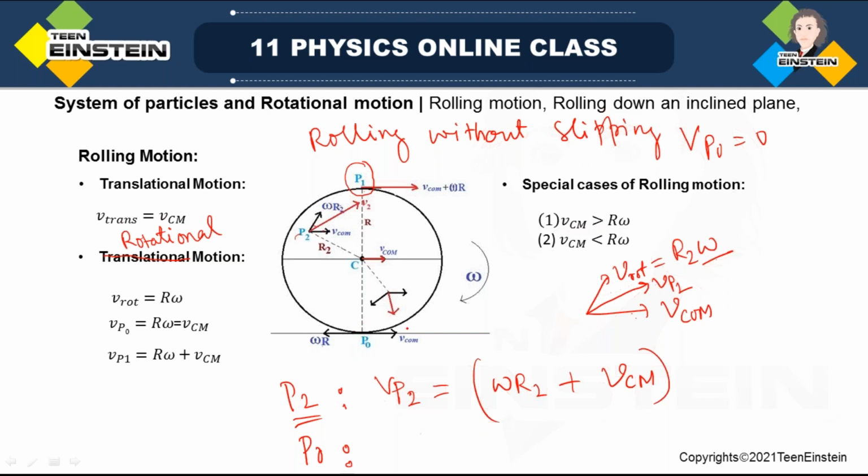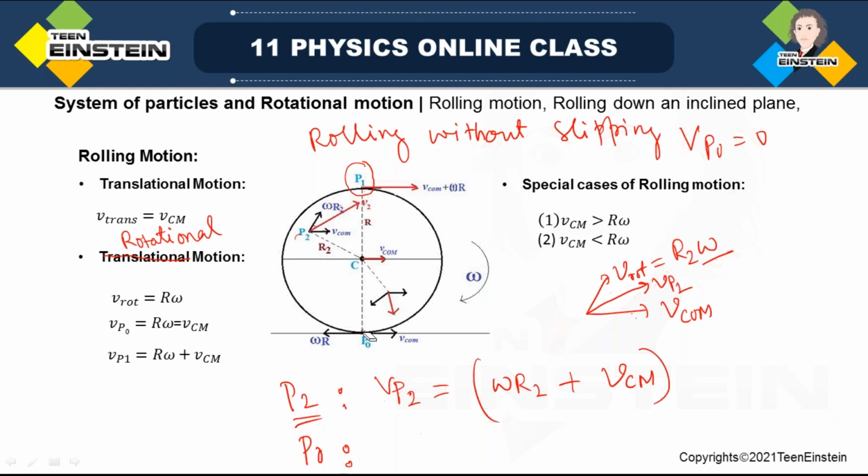Look here, it has velocity due to the motion of the center of mass, that is VCM, and the rotational velocity of this particular point must be in the opposite direction and exactly equal to the velocity of the center of mass.